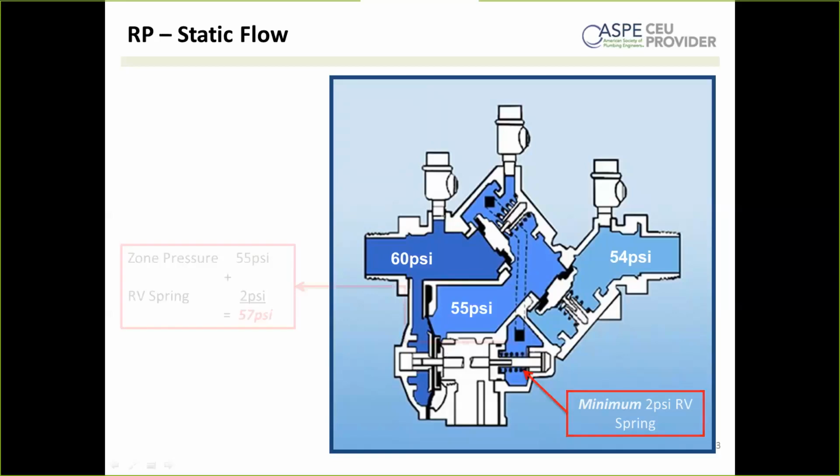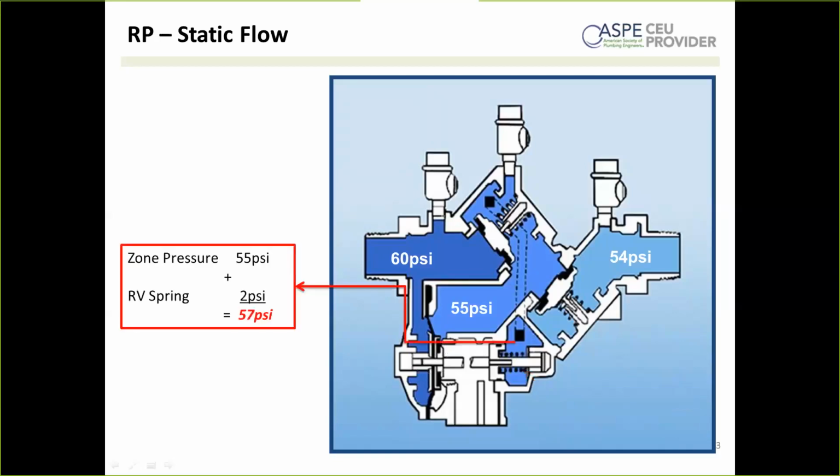So a little bit of math on this particular one. On one side is our zone pressure, plus 2 psi, which is 57 psi. That's trying to open it. The other side is the supply pressure, 60 psi. So this should stay closed because 60 is larger than 57. This is the basic function of this valve.